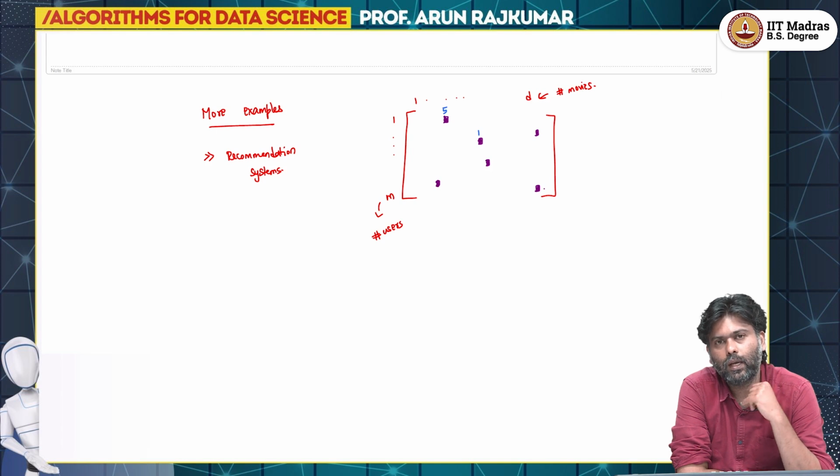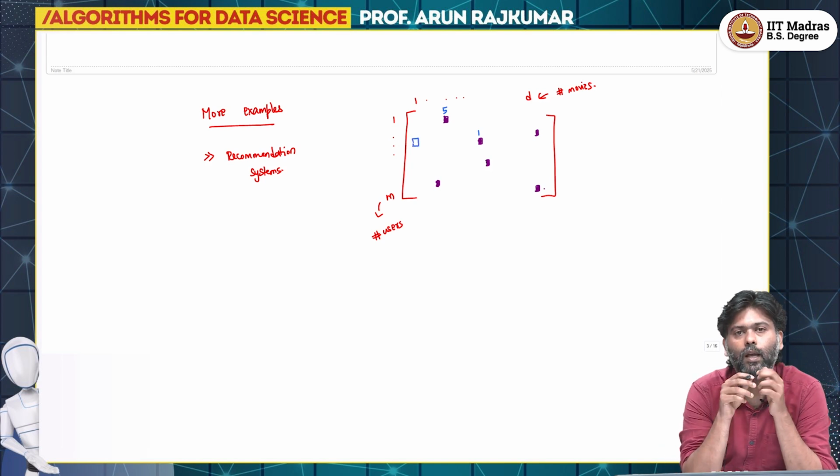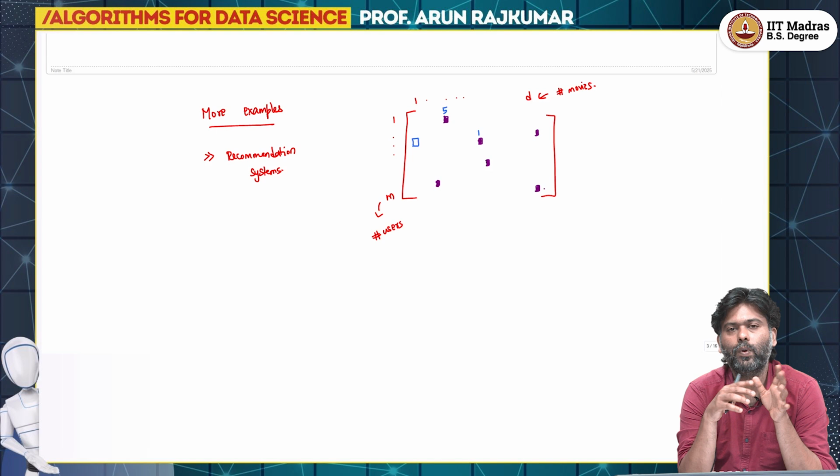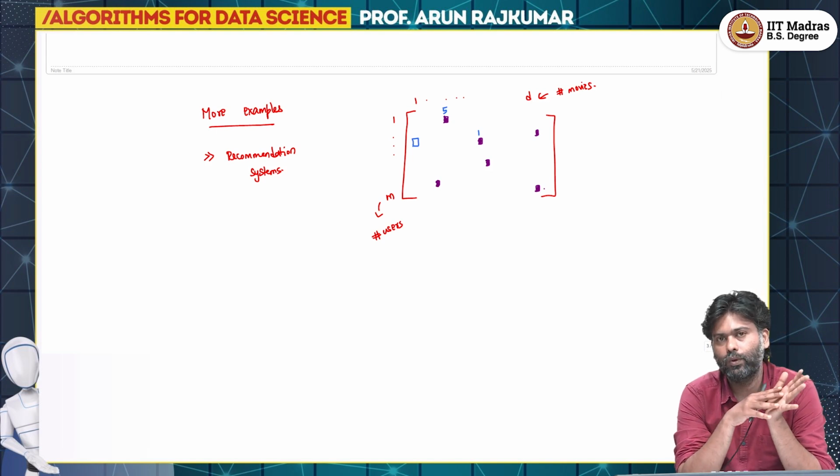Because if I can do that prediction, then I know that this particular user, who has not watched this movie yet, would rate this movie as a 3-star or 3.5 star had he or she watched that movie. The user has not watched the movie yet, that's why that rating is blank right now.